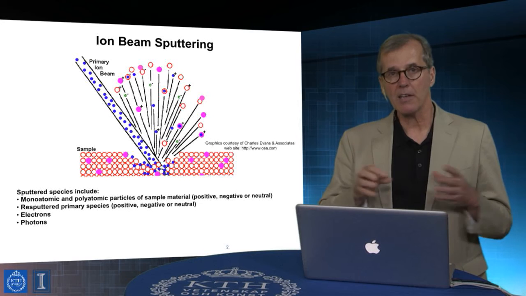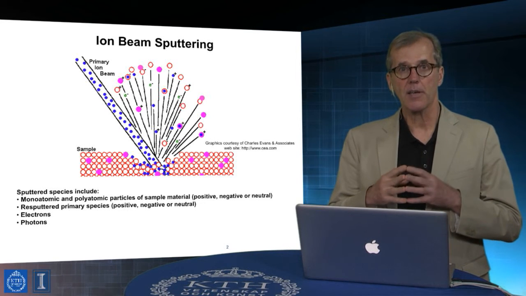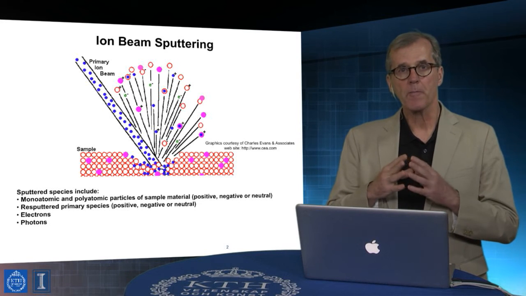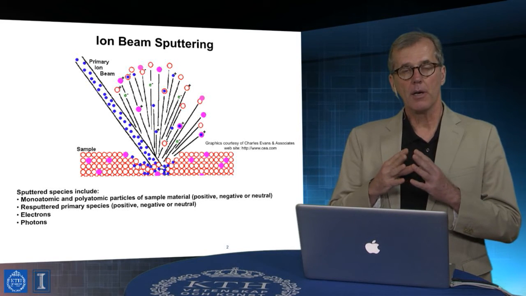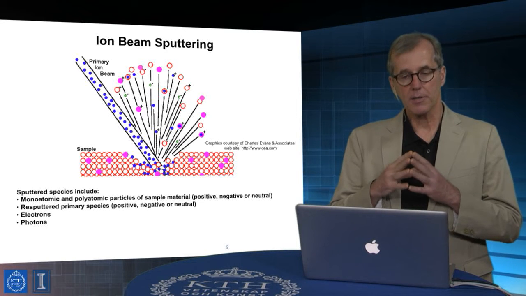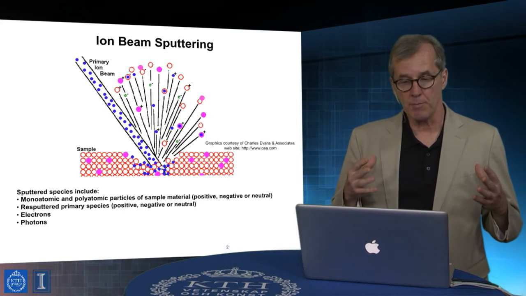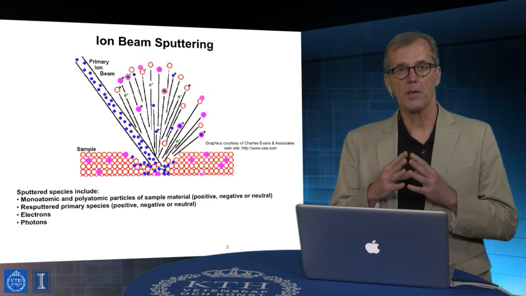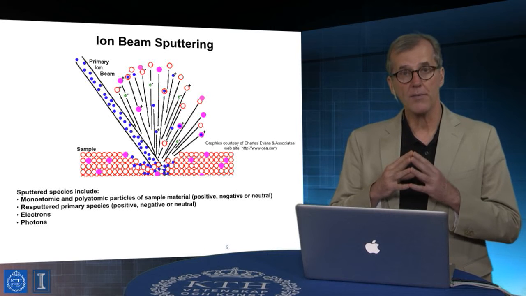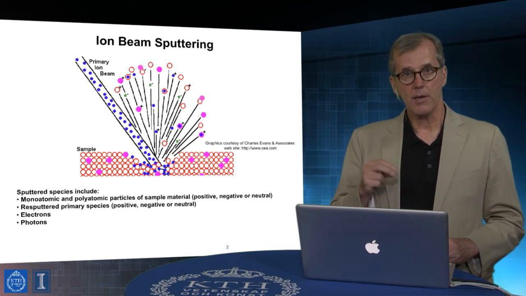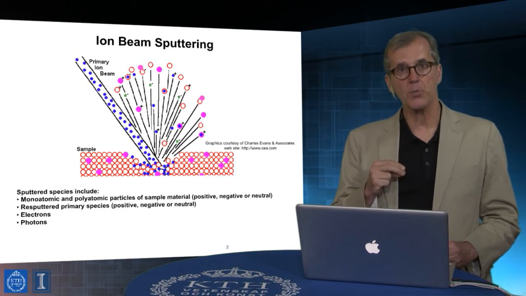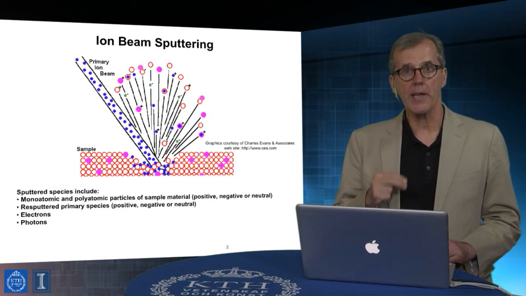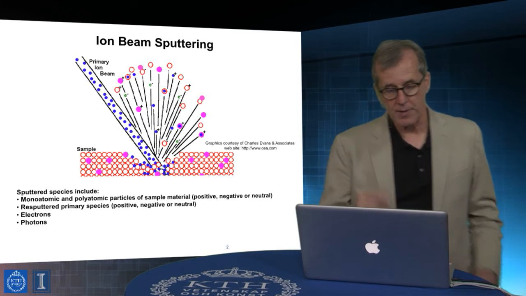SIMS is one of the most analytically sensitive techniques that possibly exist for measuring attributes of elemental and composition-based variations in materials. However, it is also an incredibly difficult technique to quantify in highly precise ways because of how variable the cross sections for ion emission are. And we'll talk more about that.